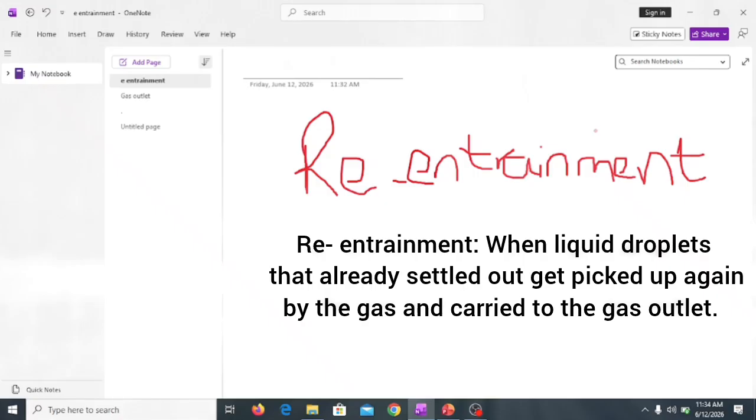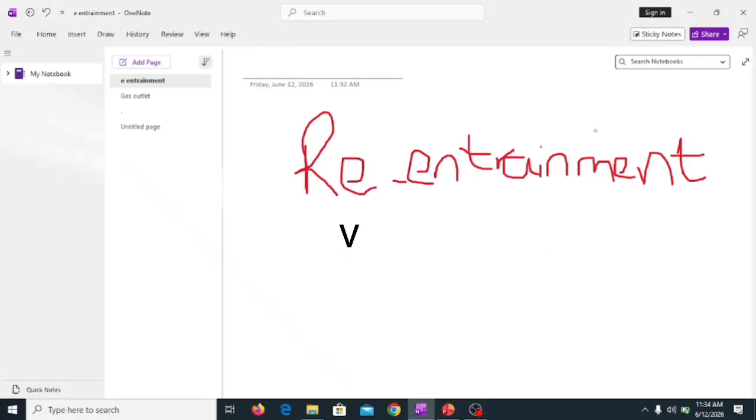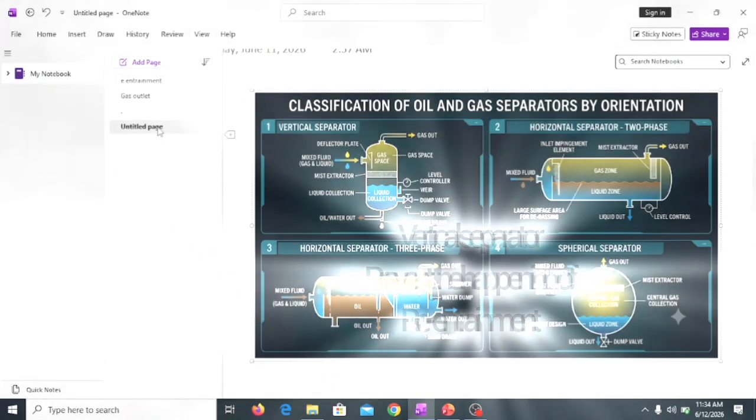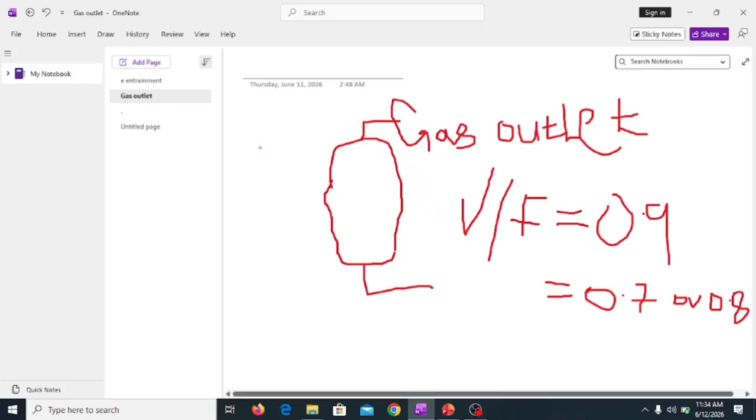So of course we know the meaning of re-entrainment now. And I said a vertical separator helps to prevent re-entrainment from happening. Why does a vertical separator help prevent it? Let me explain.